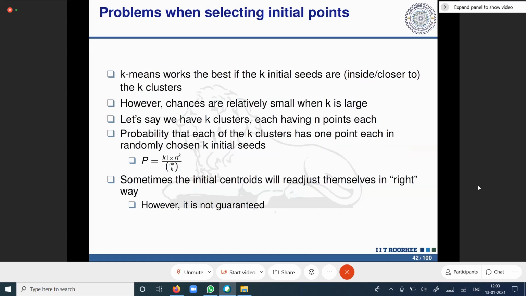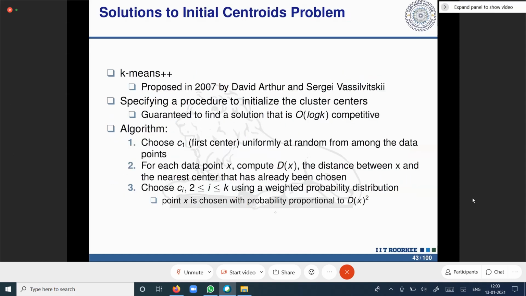So if we have k clusters, each having n points, then the probability that each of the k clusters has 1 point is very small. Sometimes the initial centroids readjust themselves in the right way. So whatever initial centroids you choose, sometimes they adjust themselves to go into the correct cluster, but this is not always guaranteed.